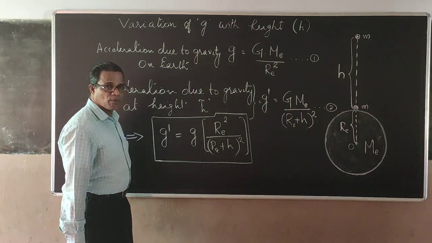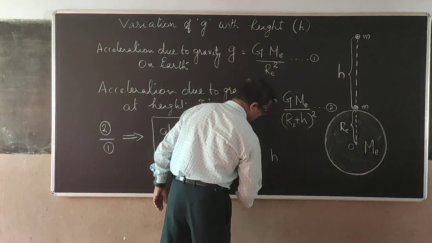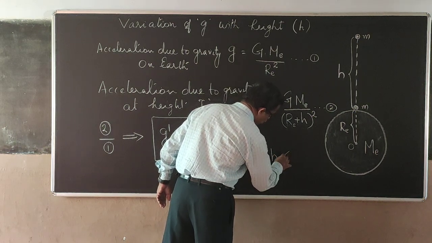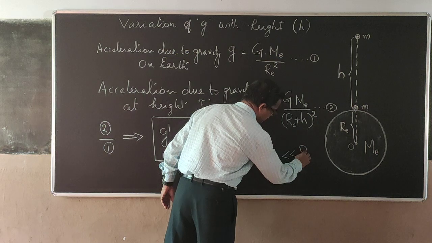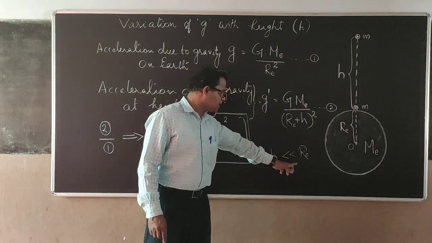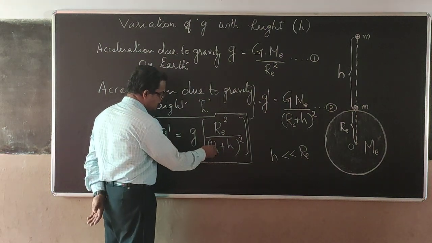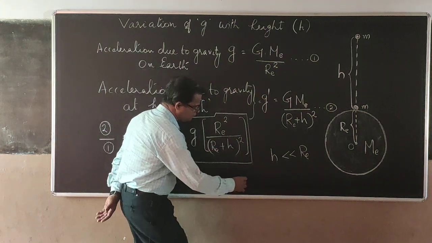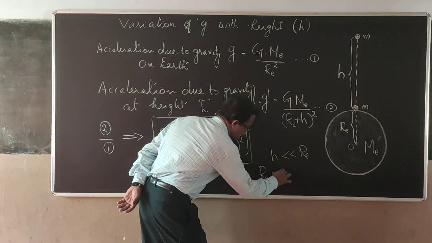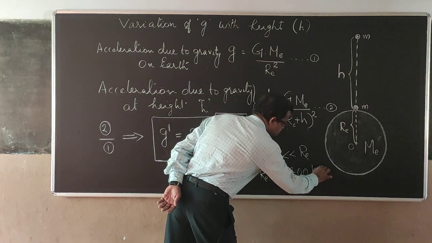But there is a small problem there. If I take h very small compared to RE, then what happens here? The value of RE is of the order of 6,400 kilometers.